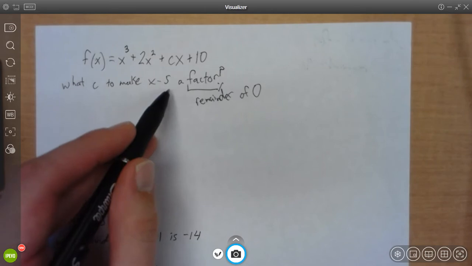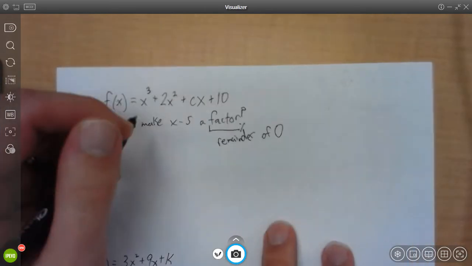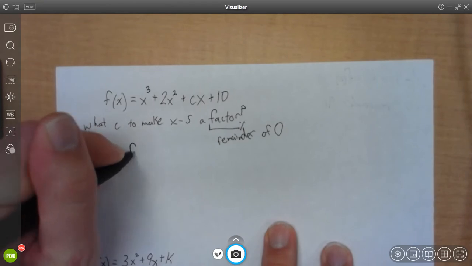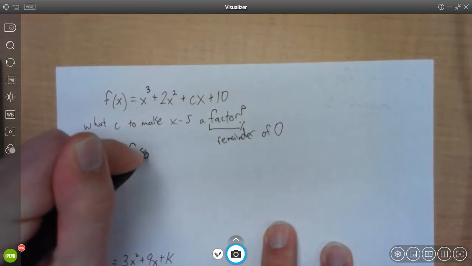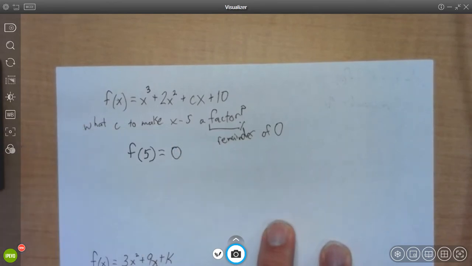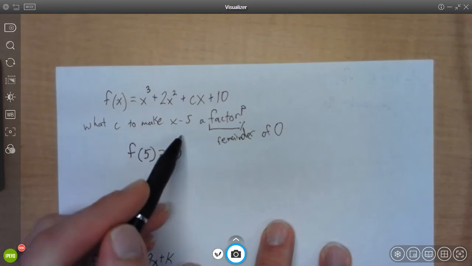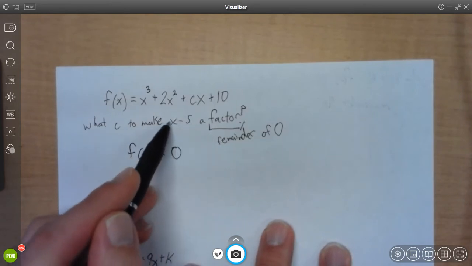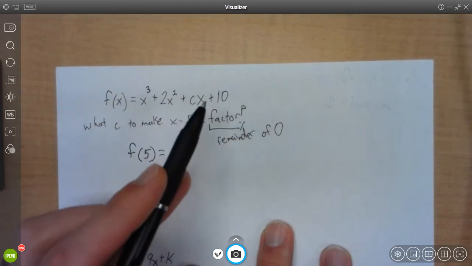So in order for this to be true, we can say that when x is 5, the result must be 0. So this keyword here, factor: if this is a factor, then this here is one of the terms that multiplies to make the equation.